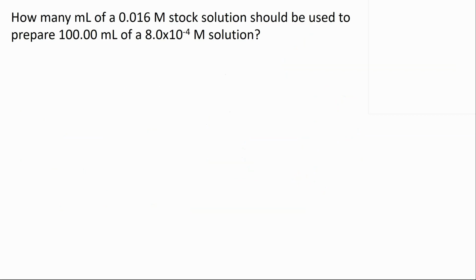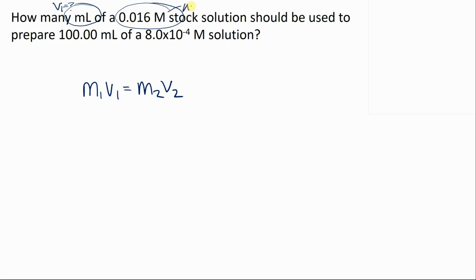In each case, as we solve these problems, we're going to be using a dilution equation. M1 V1 equals M2 V2. In these problems, we're going to see volumes and concentrations that are associated with one another. In this case, I'm going to go ahead and label this as the first condition. So how many milliliters? I'm asked for V1.